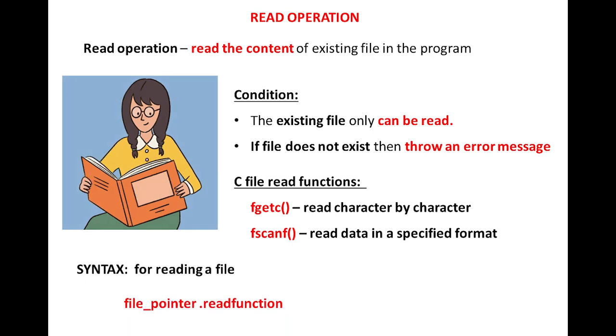Then the syntax for reading a file, in the sense of how you can call these functions. Already we created the file pointer, and the file was also opened by using the file name and the operation mode. Afterwards, you have to use the file pointer with the dot operator to call any of these functions required to execute the reading operation.